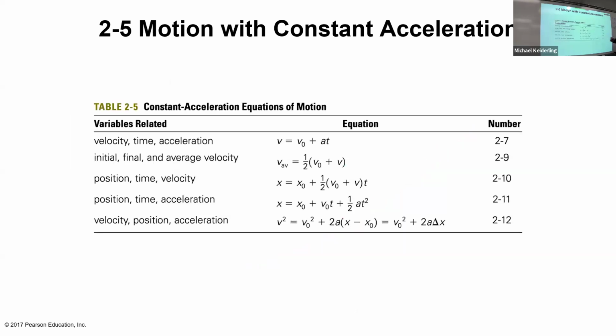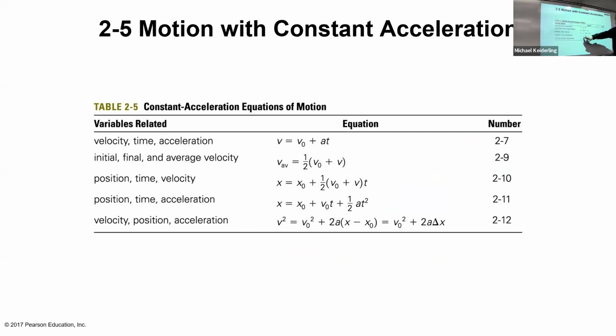So these are the equations of motion. Velocity is initial velocity plus acceleration times time. Average velocity is 1/2 initial velocity plus velocity. Position is initial position plus 1/2 initial velocity plus velocity all times time.